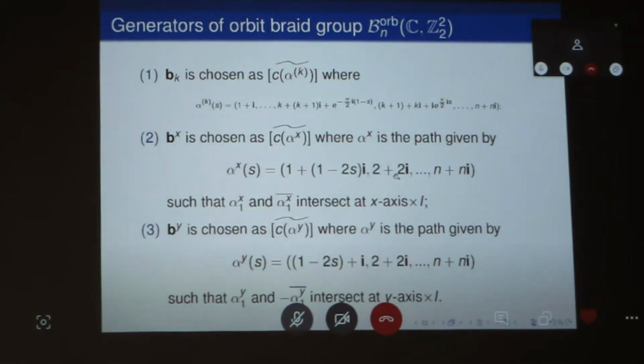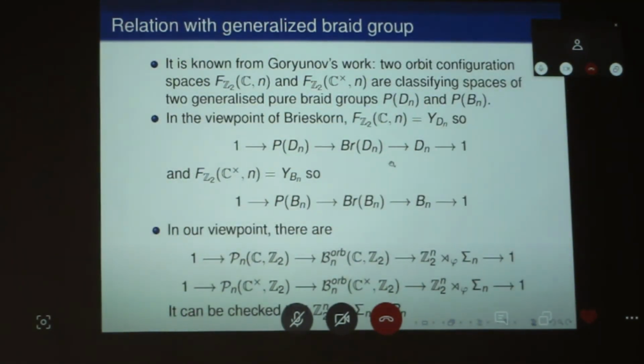So here we can compare with the generalized braid group.